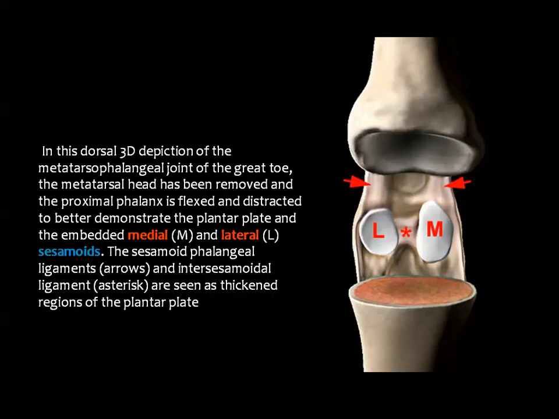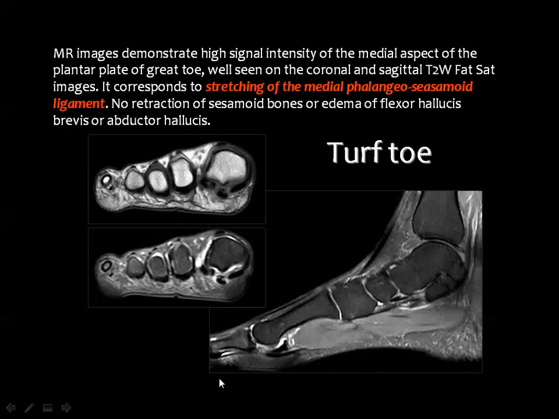And here is a drawing after removal of the head of the metatarsal bone. You see the two sesamoids, medial and lateral, the intersesamoid ligament, and the ligaments connecting the sesamoid bone to the phalanx, and this integrity should be maintained in order to maintain the function of the big toe.